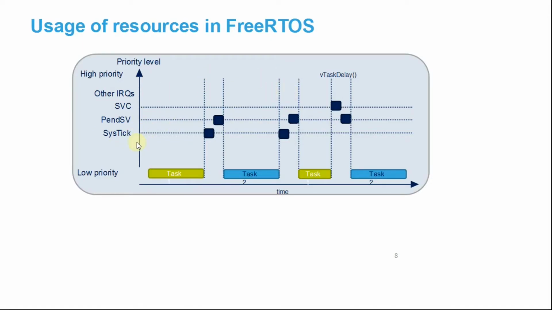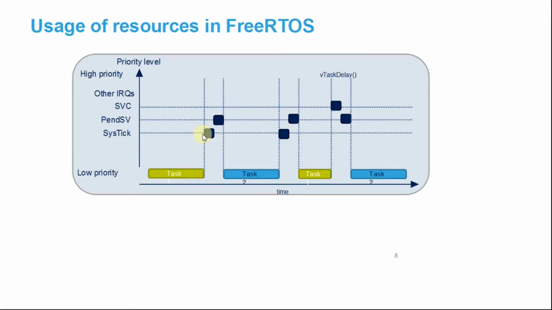Let's say you configure the SysTick for 1 millisecond. Then the SysTick timer will generate an interrupt every 1 millisecond, so that we will have a 1 millisecond period of time to execute a particular task by the scheduler.